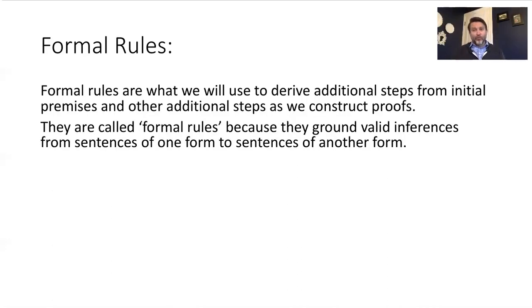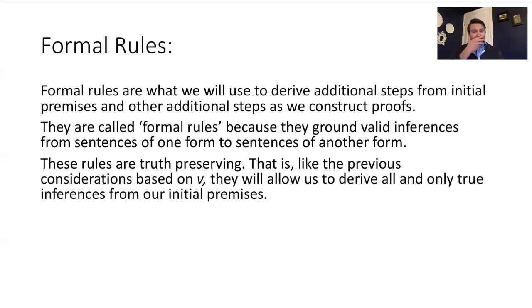These are called formal rules because they ground valid inferences from sentences of one form to sentences of another form, right? So they don't really care about the meaning of the sentence, but if we're presented with sentences that are true, then we can use these formal rules to derive additional information, additional true steps along the way.